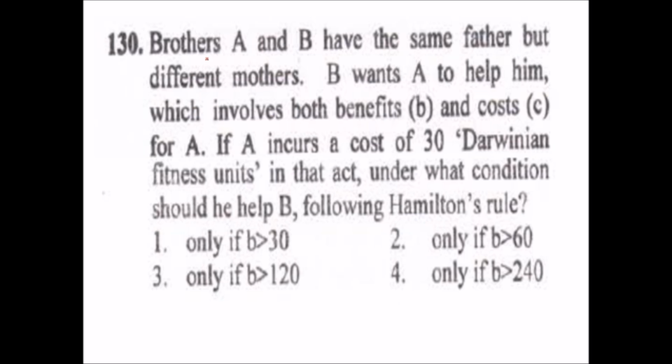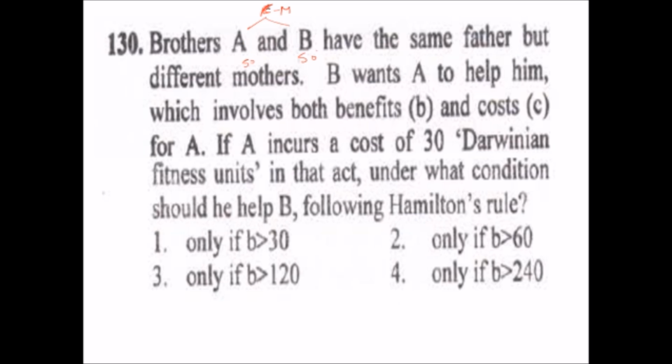Yes, next question: brothers A and B have the same father but different mothers. If A and B had the same father and mother, then the relationship between A and B would be 50%.